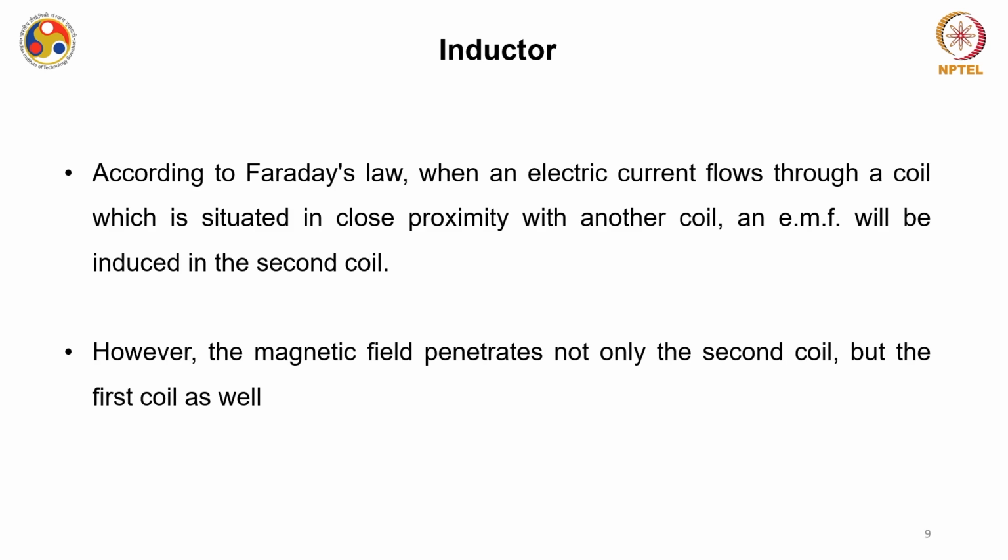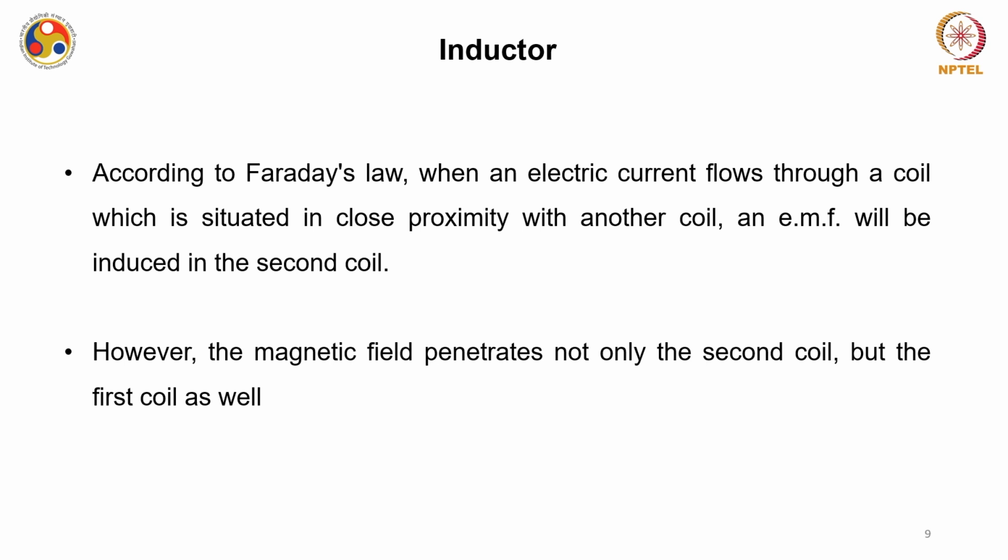Now let us see it in a little more detail, particularly for the sensing application with a solenoid or toroid. We have already seen Faraday's law, and you might also know it from your class 12. According to Faraday's law, when an electric current flows through a coil which is situated in close proximity to another coil, an EMF will be induced in the second coil.